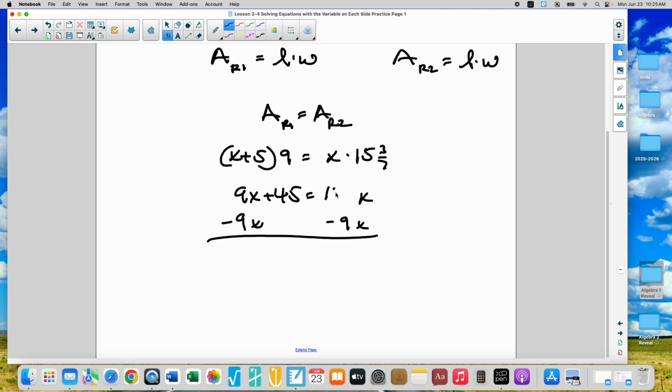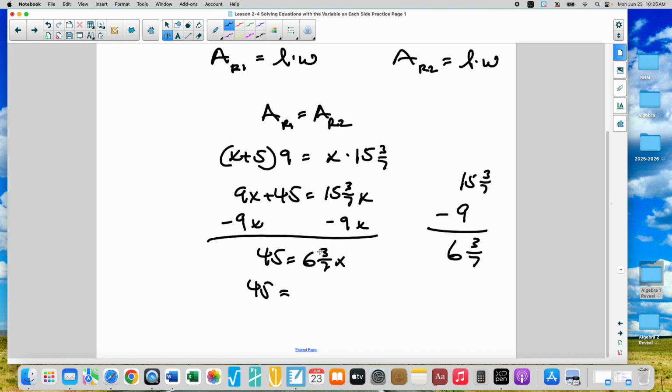Sometimes we go down a path and we say, oh, I don't want to do that path yet. So I'm going to borrow: 3/7, and then 15 minus 9 gives me 6 and 3/7. Now we want to convert 6 and 3/7 x to an improper fraction, which is 45/7 x.